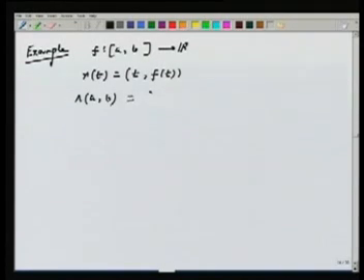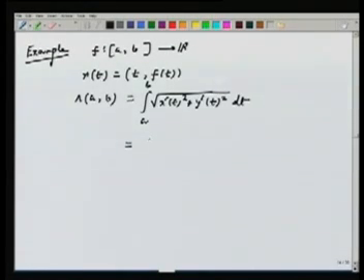This is the integral from a to b of the square root of x prime t squared plus y prime t squared dt.